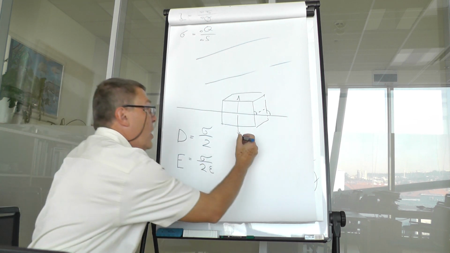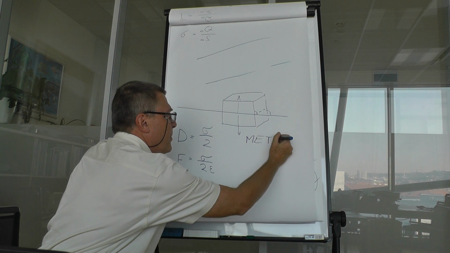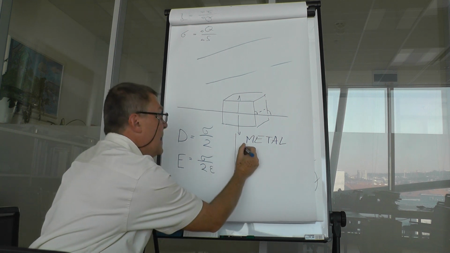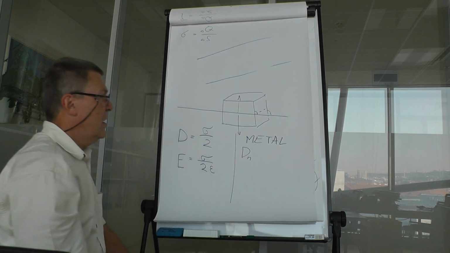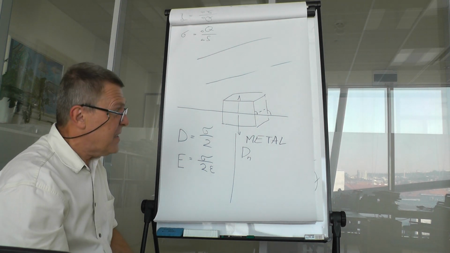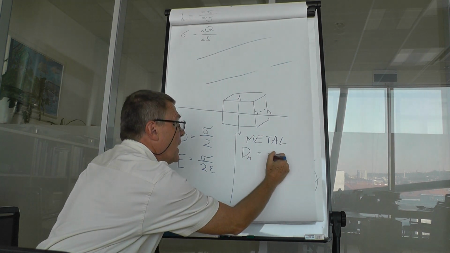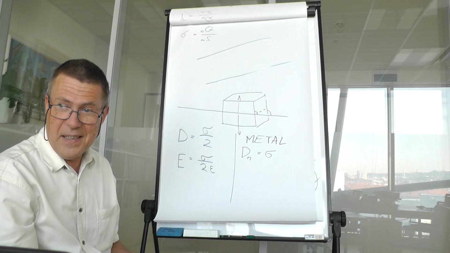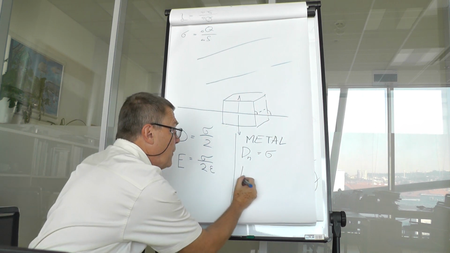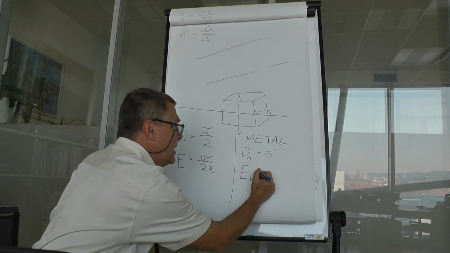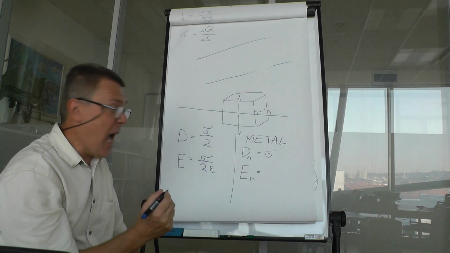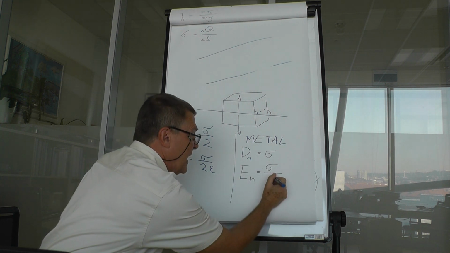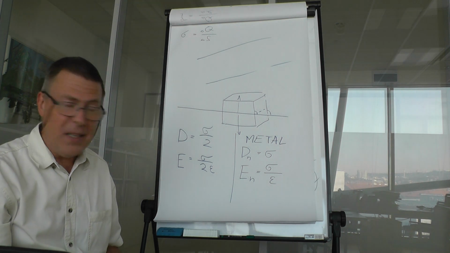And then at a metallic object, we have a new condition which says that the normal component of flux density is exactly equivalent to the charge density at the surface. And the electric field strength, as to the normal component, is exactly equivalent to the charge density divided by permittivity of the surrounding media.